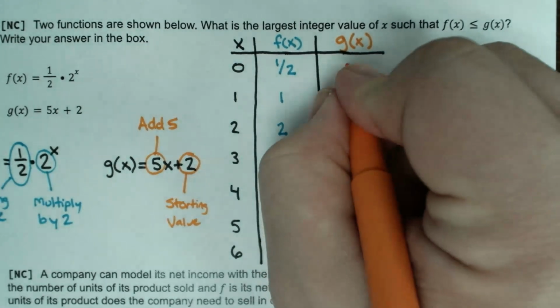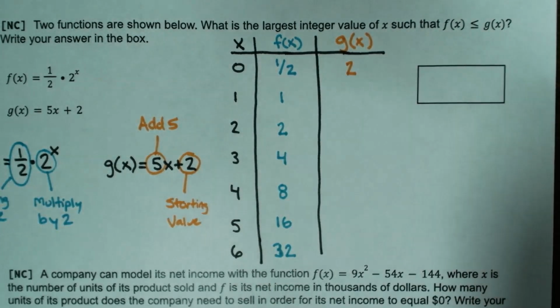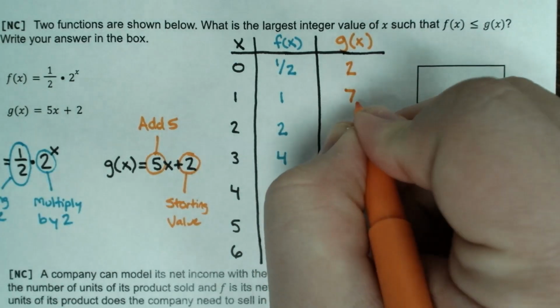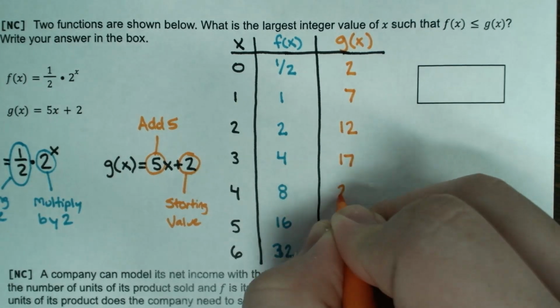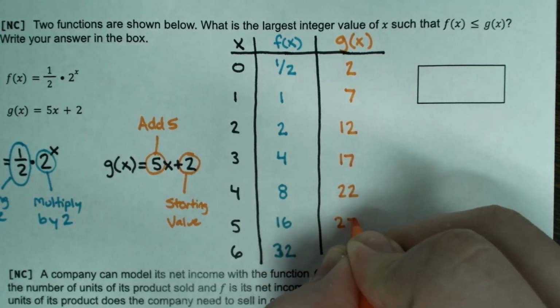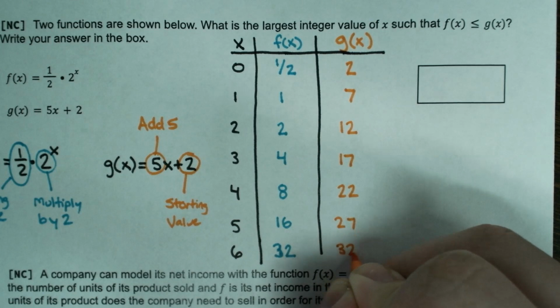So starting at 2, if I repeatedly add 5, 2 plus 5 is 7, plus 5 is 12, plus 5 is 17, plus 5 is 22, plus 5 is 27, plus 5 is 32.